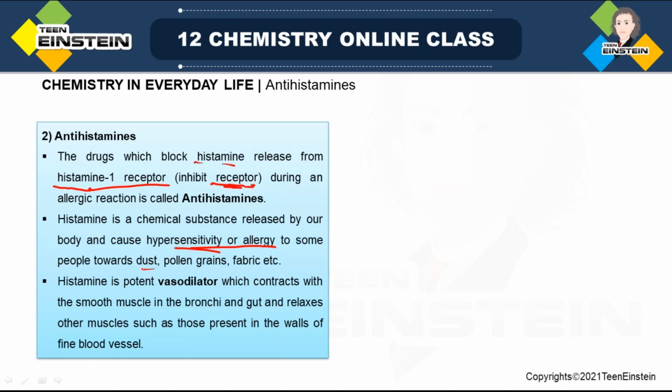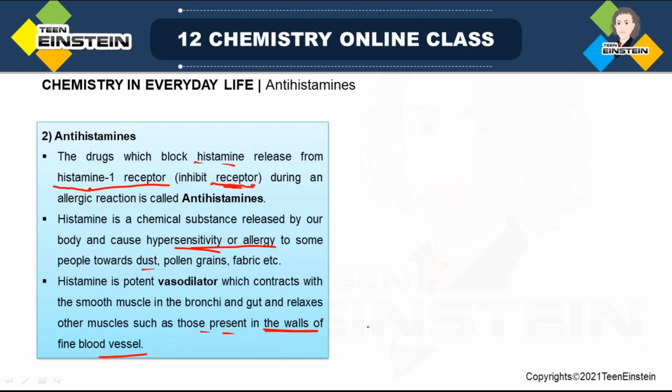Now what is a vasodilator? Its role is to contract the smooth muscles in the bronchi, which are present in the lung and gut, and it relaxes other muscles such as those present in the walls of fine blood vessels. So that is why you can also call it a vasodilator.